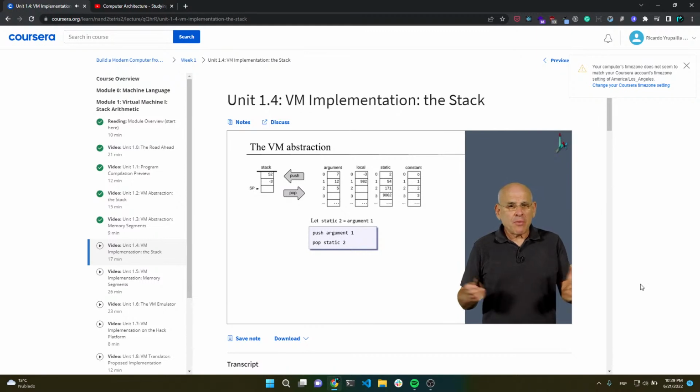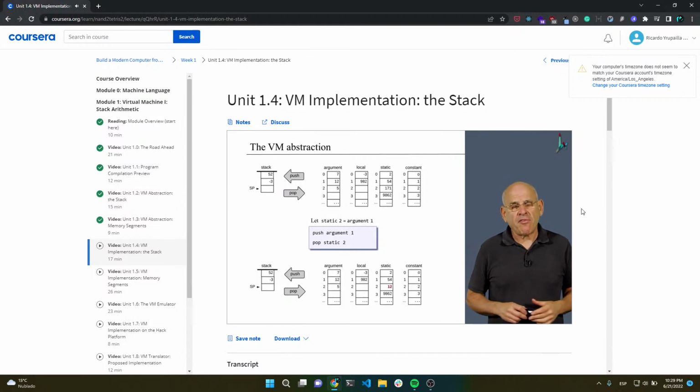Basically I'm repeating the quiz that I gave you in the last unit. In this quiz we started with some arbitrary stack machine state, and the question was which VM commands will implement the abstract operation static2 equals argument 1, leading to this final stack machine state.